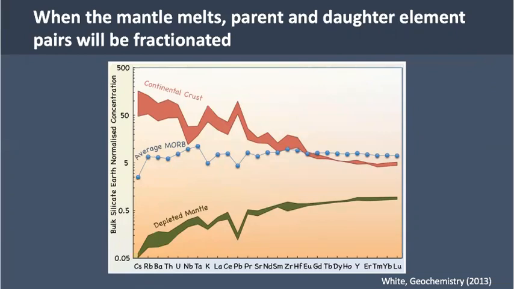To come back to that a little bit, make sure that gets reinforced, and then carry on to talking about some crustal growth models as well, I wanted to highlight why these radioactive isotope systems are so powerful. Essentially, when Earth's mantle melts, the radioactive parent element and the stable daughter isotope element are fractionated from one another because they're geochemically different. The way I want to illustrate this for you is with this diagram here.